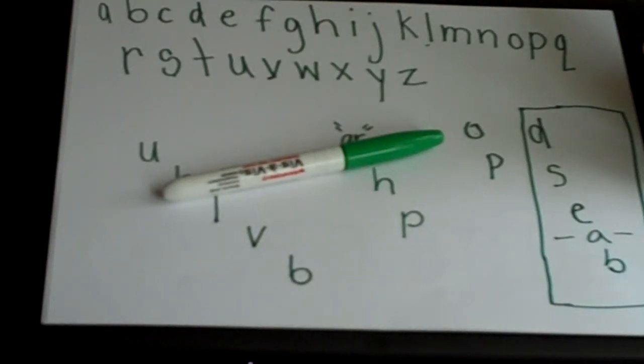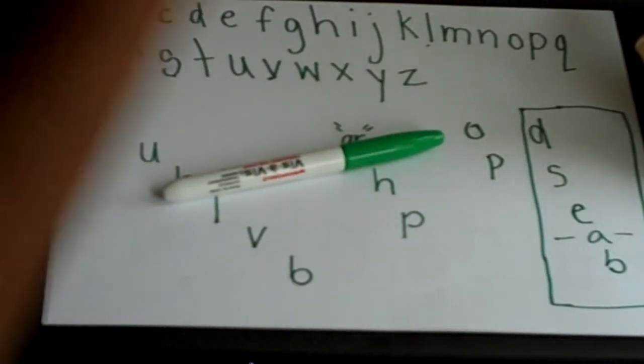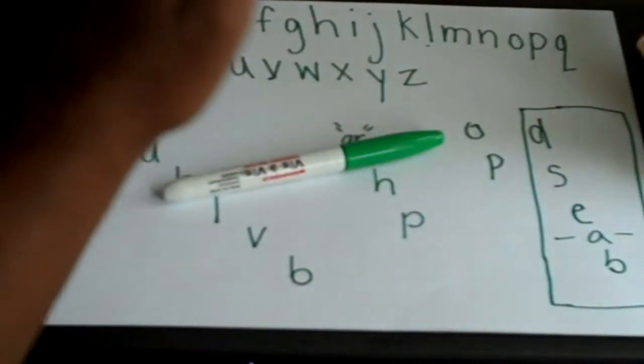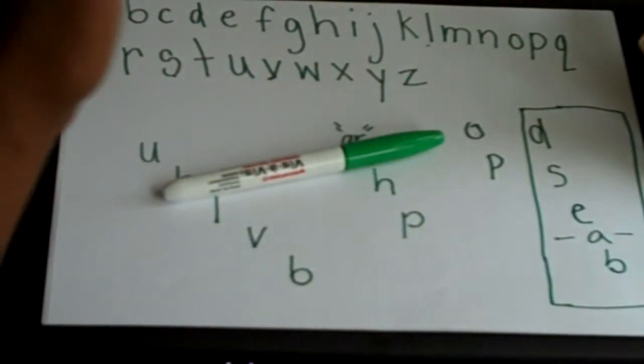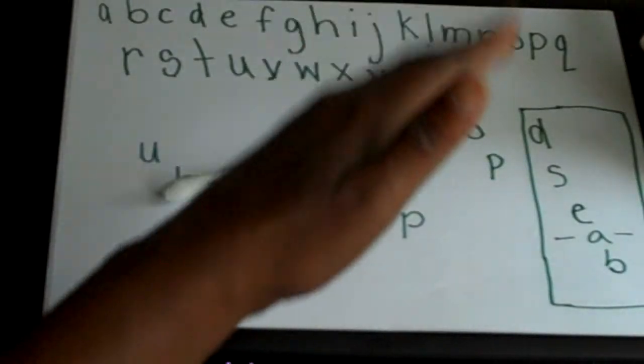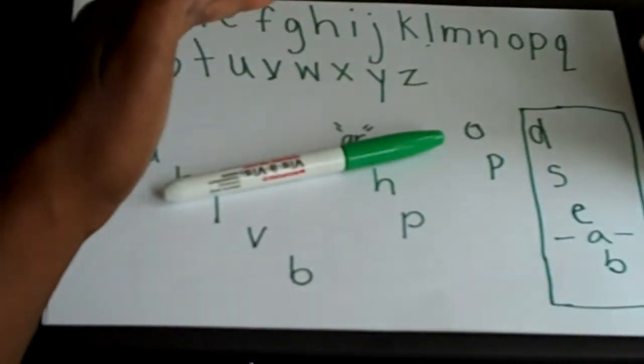I pictured myself, so that means I had a vision of me doing this. I was standing at the blackboard clapping my hands to the scripture that says, in the beginning God created the heaven and the earth was without form and void, and darkness was upon the face of the deep, and the Spirit of God moved upon the face of the water.